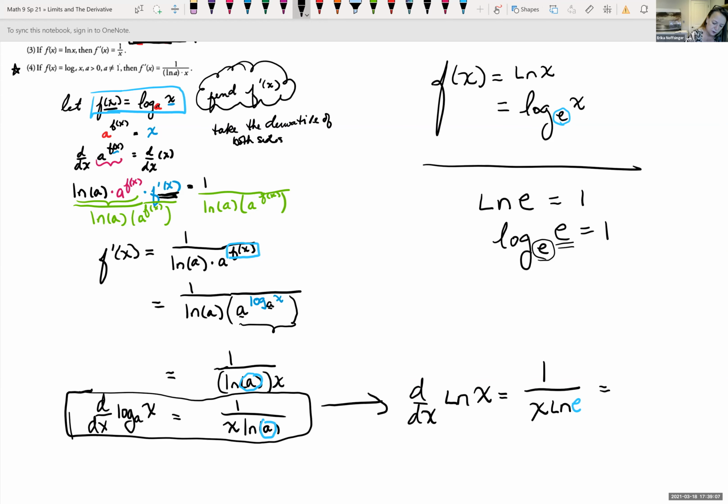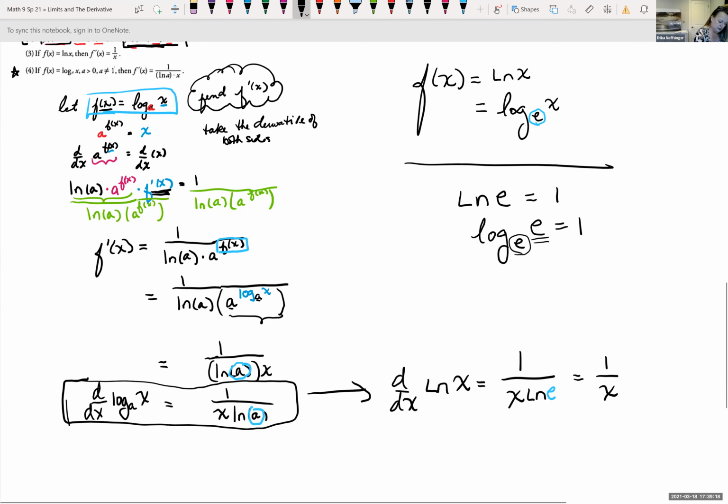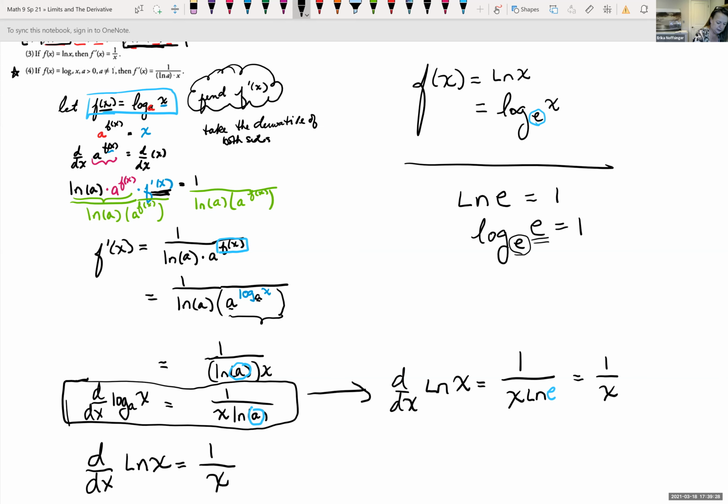So this is equal to 1 over x. So that is our other rule. The derivative of the natural log of x is equal to 1 over x.